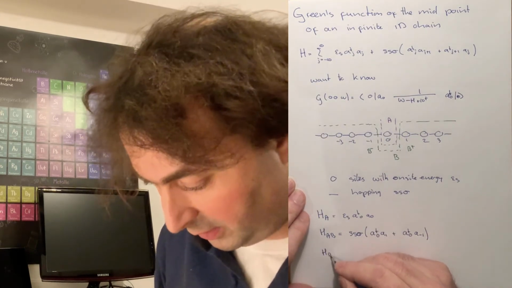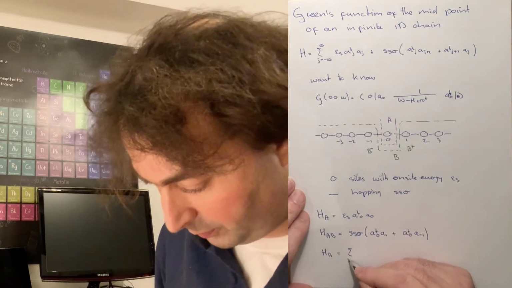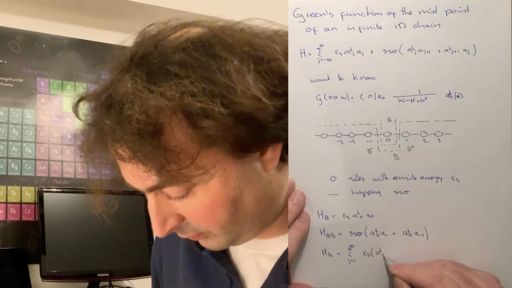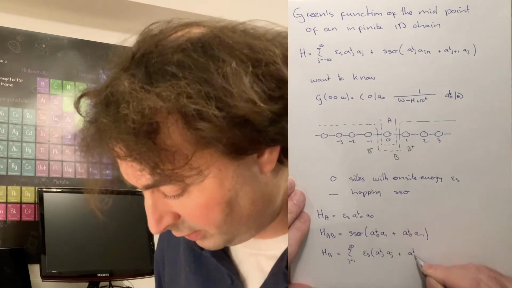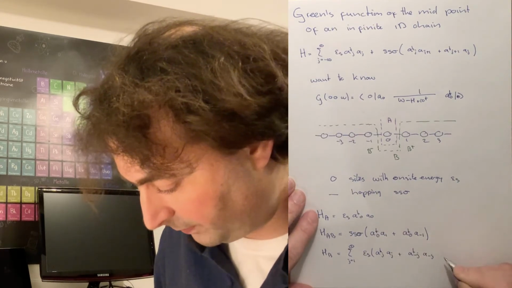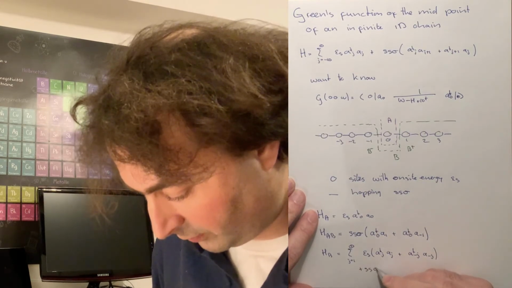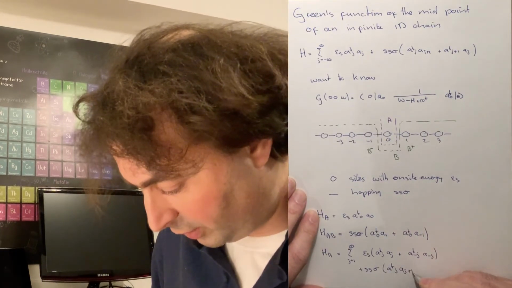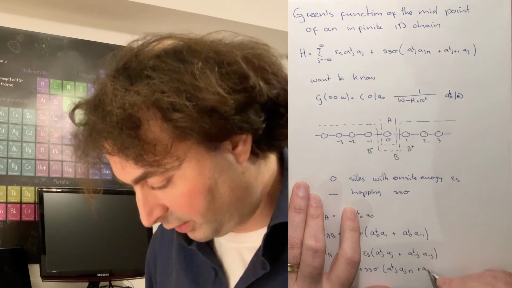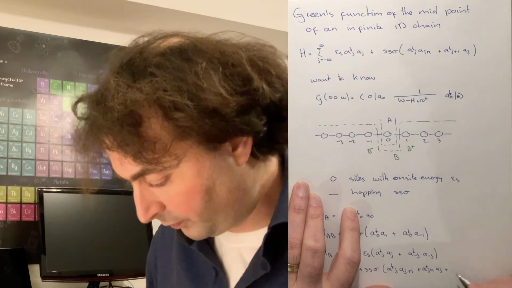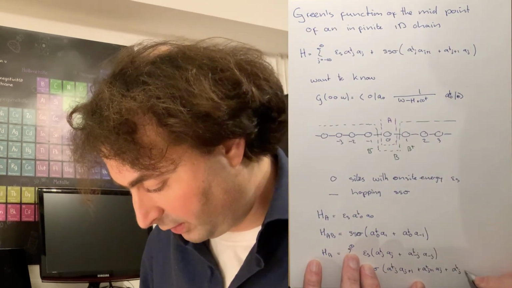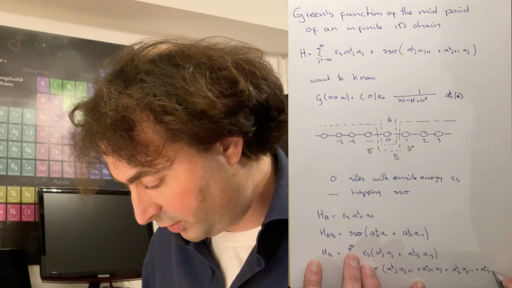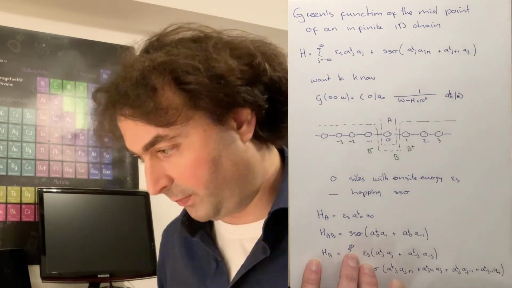And then H B is given by the sum, j is 1 to infinity, epsilon s, A dagger j, A j, plus A dagger minus j, A minus j, plus, and then we have the hopping terms, A dagger j, A j plus 1, plus A dagger j plus 1, A j, and now for the negative, A dagger minus j, A minus j minus 1, plus A dagger minus j minus 1, A minus j.